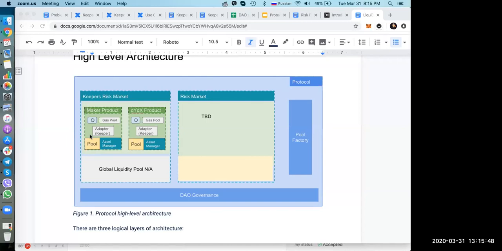Yeah, that's correct. But there is one component which allows you to get profit not only when the liquidation takes place, but also to get some kind of profit by employing the possibilities of the asset manager component.